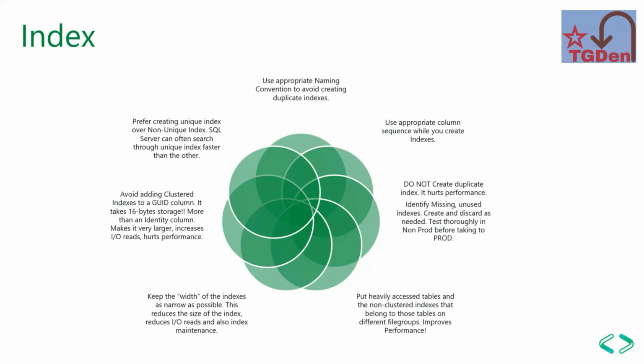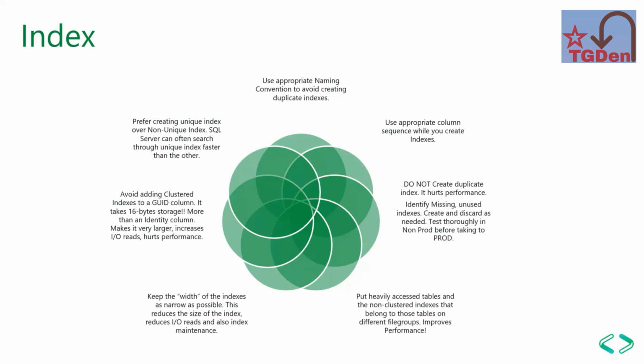Now the next point is avoid adding a clustered index on a GUID column, which is also important. So for example, you created a column, let's say order ID or purchase ID, and you decide to go with the GUID column because you want to create that random value.